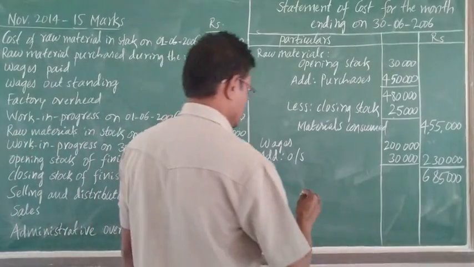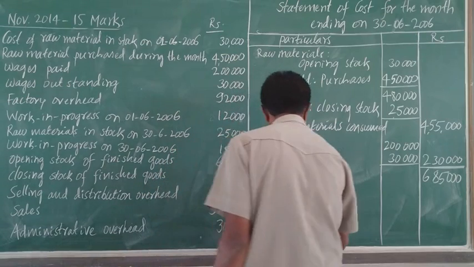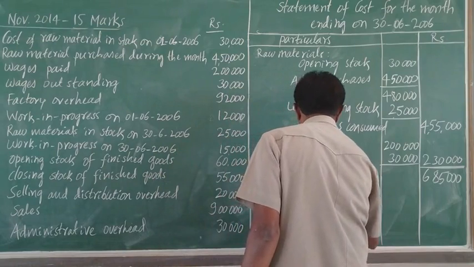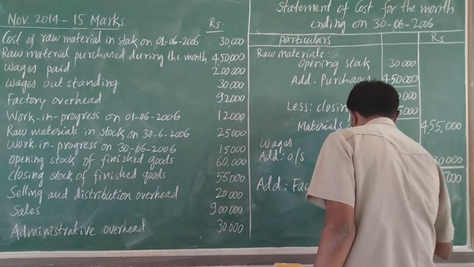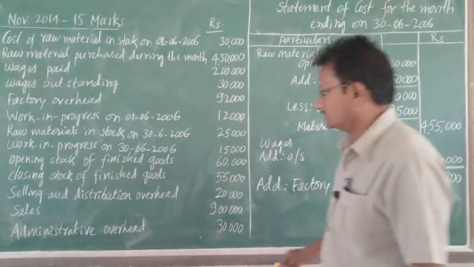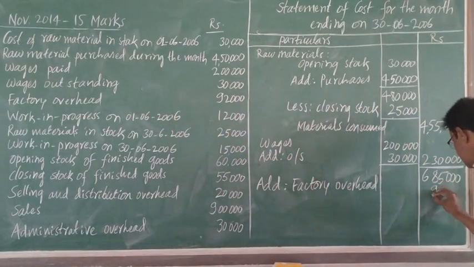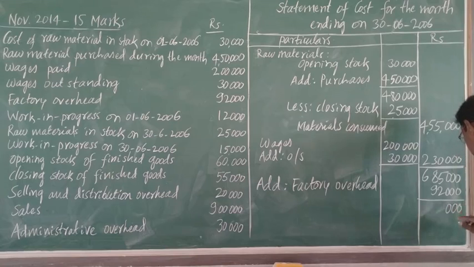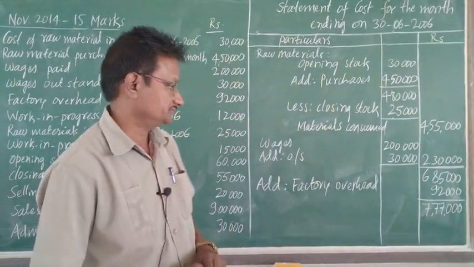Next, we have to add factory overhead. Here factory overhead is 92,000. The total is 7,77,000.